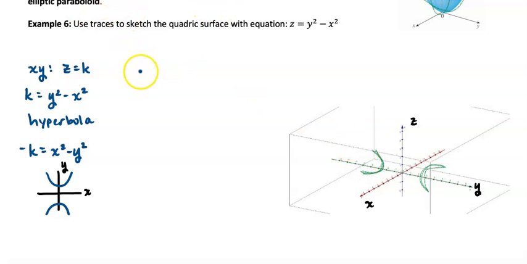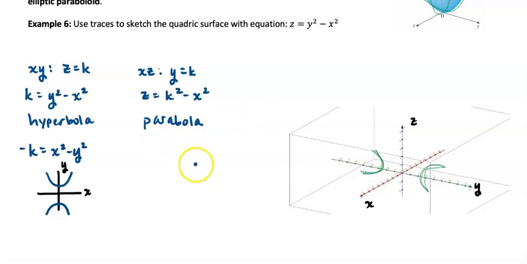Now for our vertical traces, we've got our xz plane, where y is equal to k, and plugging that in, we get z is equal to k squared minus x squared. Well, this looks like a parabola.